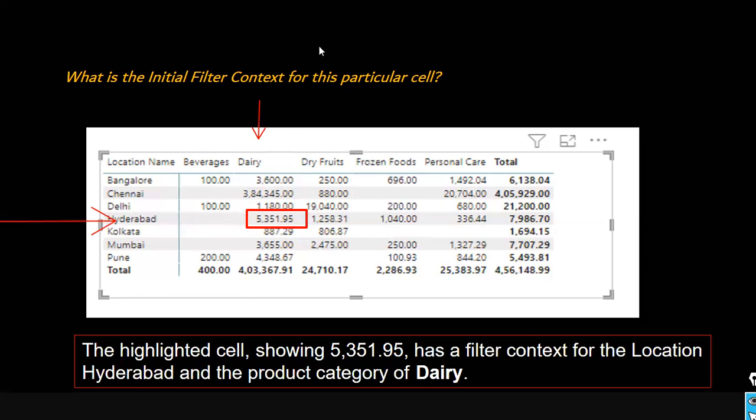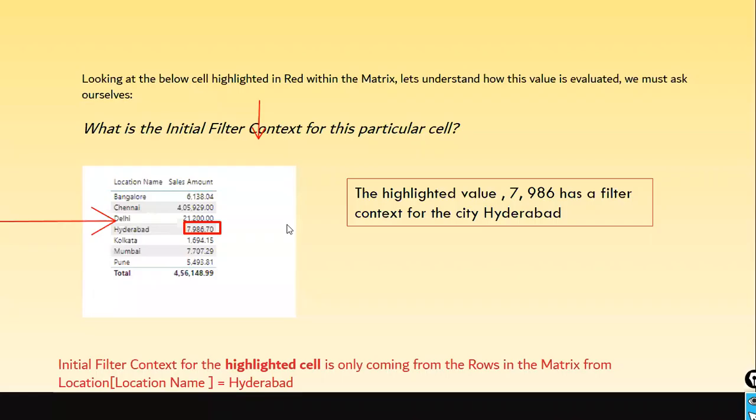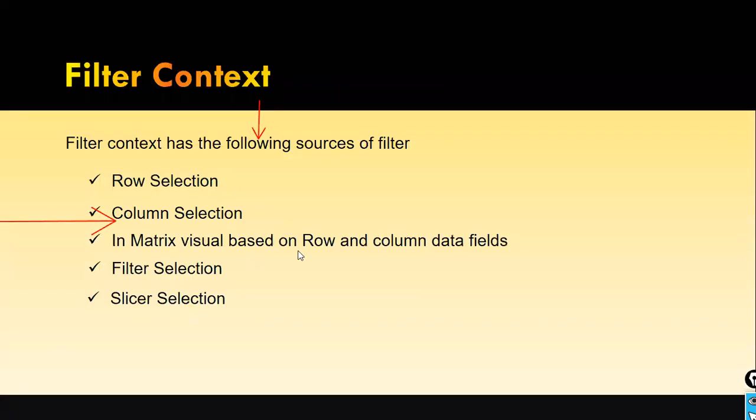Very good, Rashmi. Not only dairy, it comes from Hyderabad also. Row filter, column filter. This is what I mentioned: in a matrix visual, based on row and column fields, the filter context is also happening.